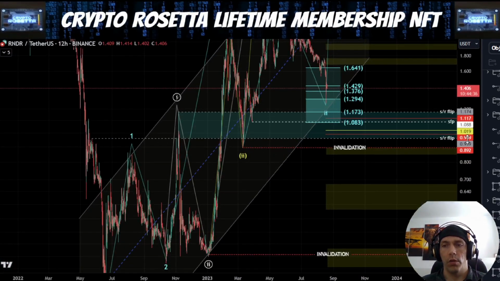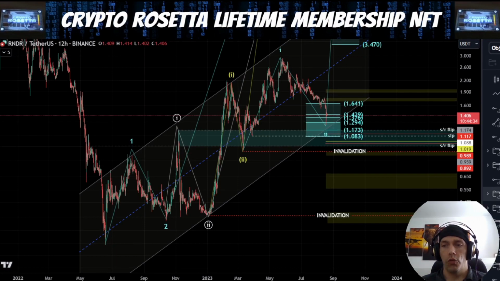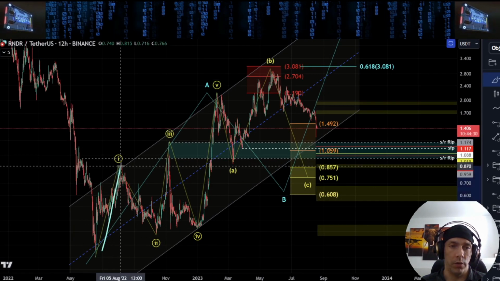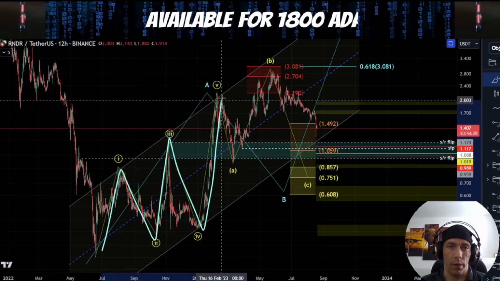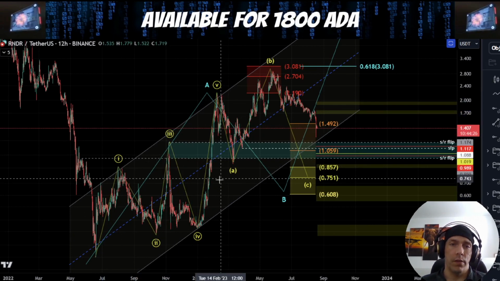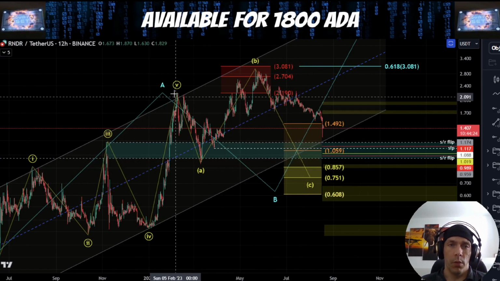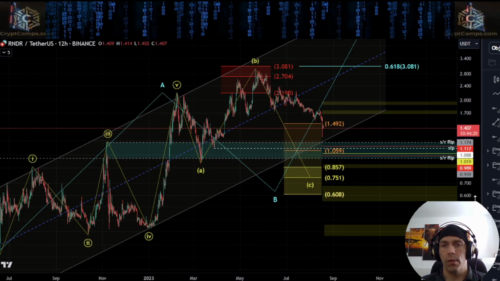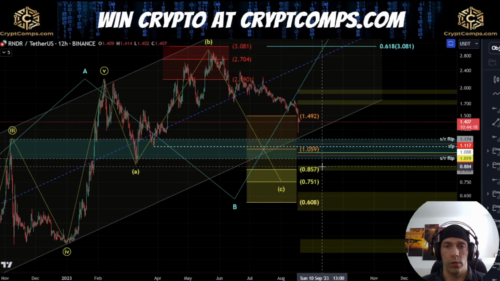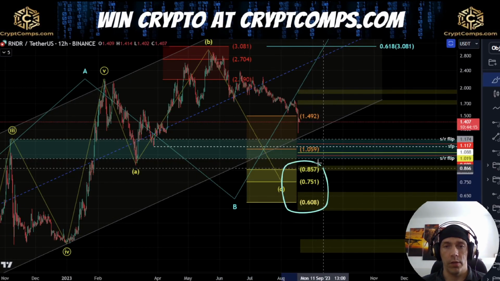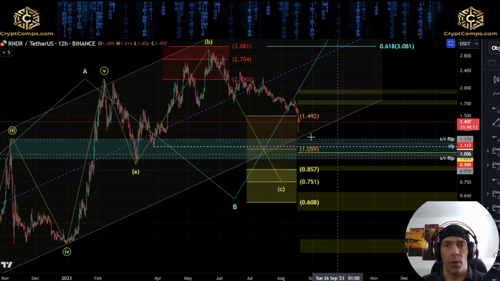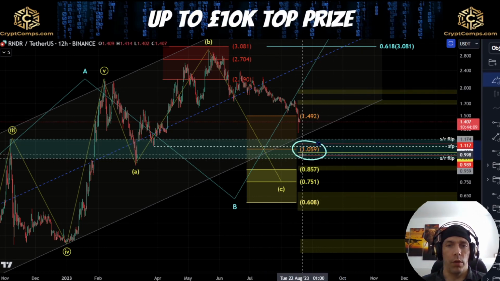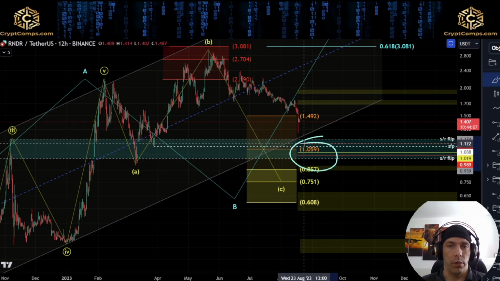The other way we could argue that this is still looking for a push to the upside is if we look at the first move here as an expanding diagonal, saying this is 1, 2, 3, 4, and 5. If this is the case, effectively what we'd be looking for is that either this is a bigger A, B, and C, and we're looking for a move back down towards the zone of this 85 cents to the 60 cents most typically, though I will also be keeping an eye on this 1-to-1 area, which is sitting at this $1.05, because this is also aligning with this target box.